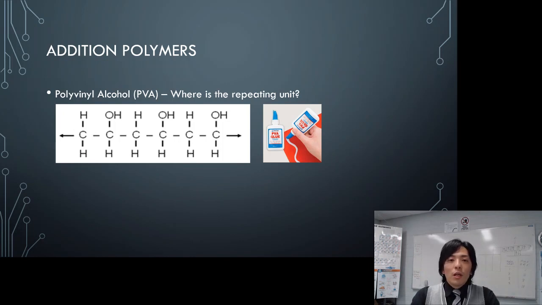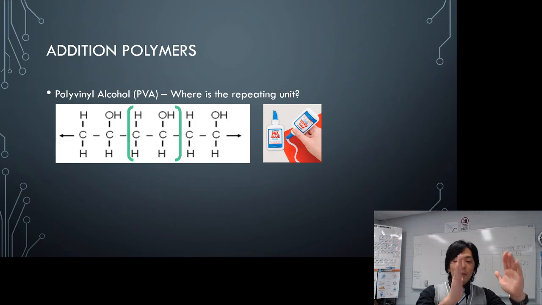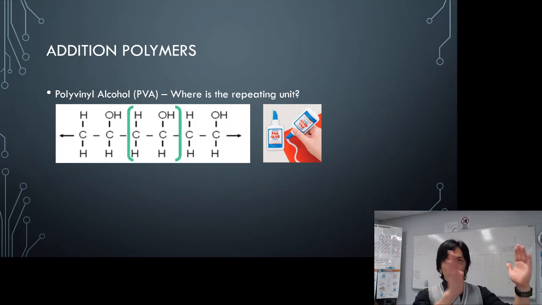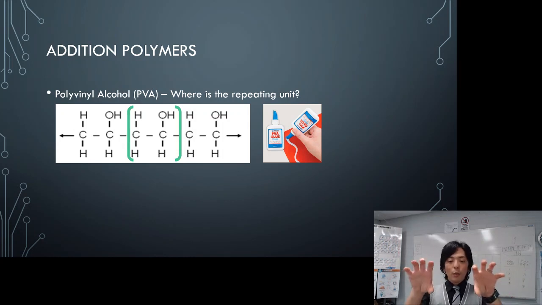I give you 3, 2, 1. Hopefully you're putting the brackets in your head around there, maybe starting from left or right, either way you look at it. But you need to have C2 as part of the monomer unit, and one having H and one having an OH group coming off.